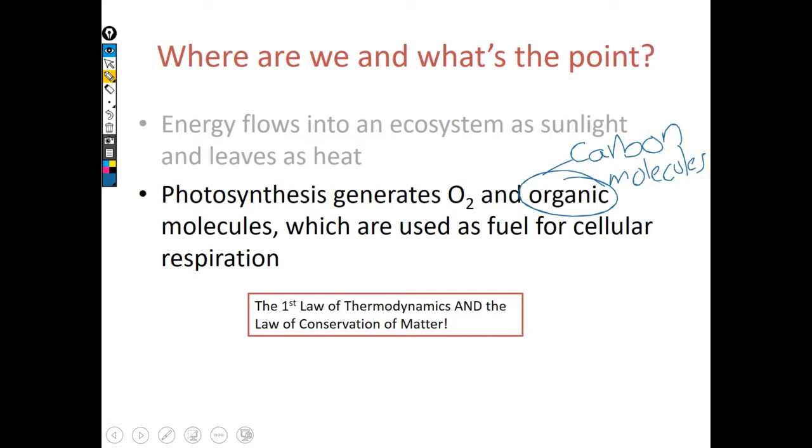So different forms of organic compounds, these carbon-containing compounds, are used for cellular respiration. We saw this in lab, and remember we started with that sugar molecule, and when we were doing this process in lab, we were counting the carbons, remember? Where did the carbons go? When did we break these carbon bonds? That was one of the big things we were doing.